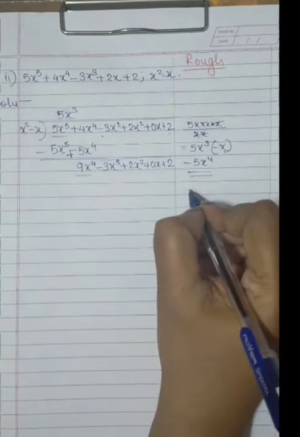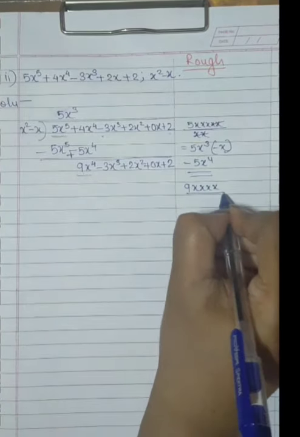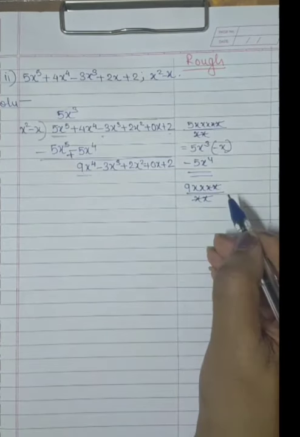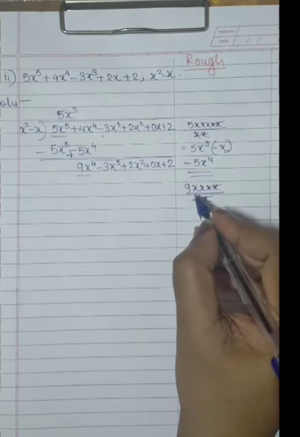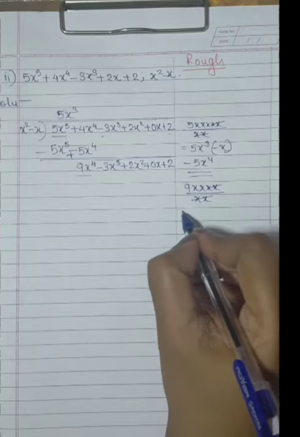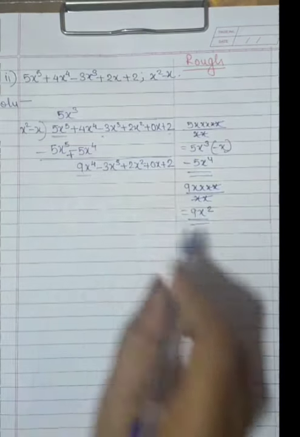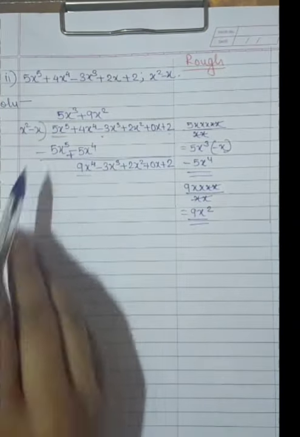So I am doing here 9x⁴ upon x², then this will cancel. Then what will we get? We will get 9x². So again this 9x² will come here, plus 9x².